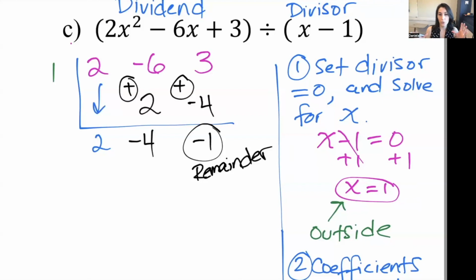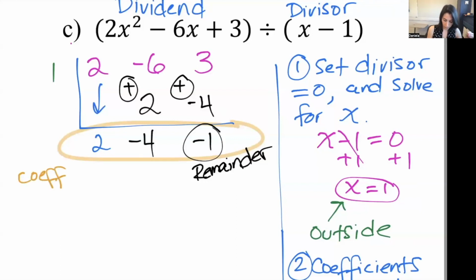So now once you are done, the question is, how do we actually read these numbers on the bottom? There's a very specific way. These are actually going to be the coefficients of the final answer.